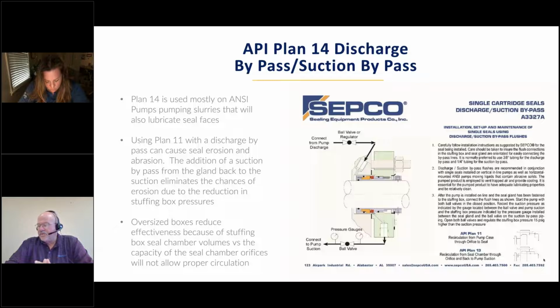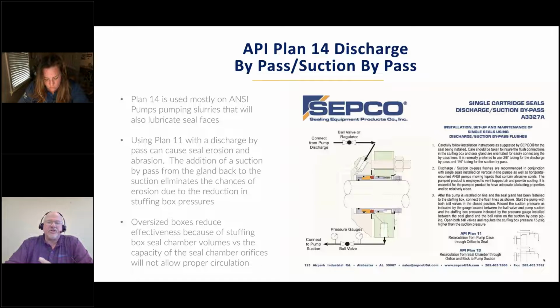So what you do is you put your discharge bypass line into the flush port of the stuffing box or the seal chamber, because if you've got a slurry, you do not want to inject that slurry on top of the seal and worry about abrading the seal itself. Then you run a line from the seal gland itself back to suction.